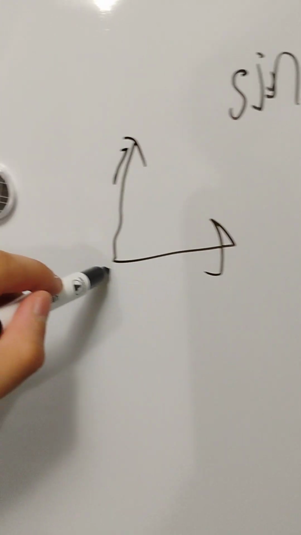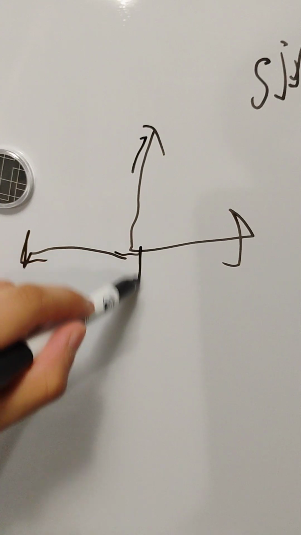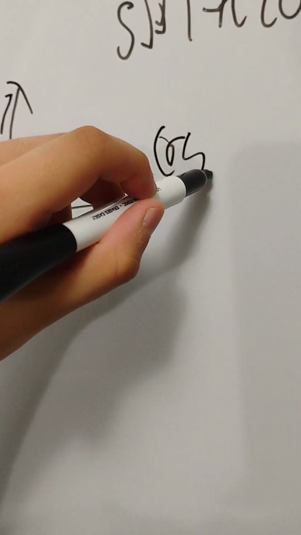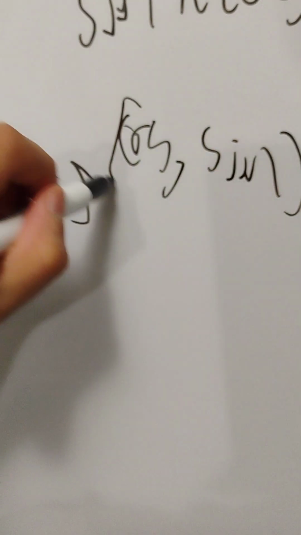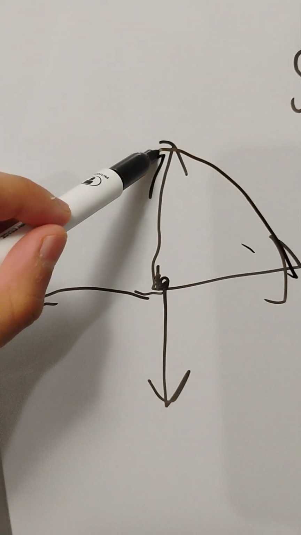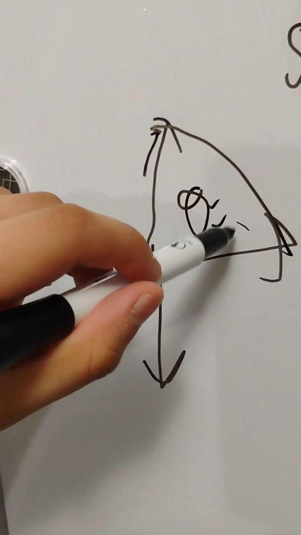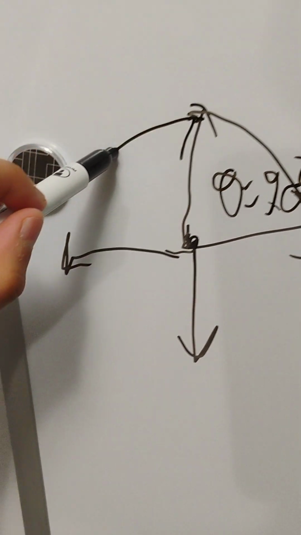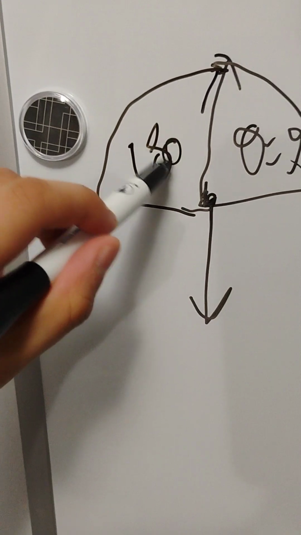So sine pi, remember sine pi. If we have a graph here with an origin at 0, 0, remember the unit circle. Just like the x coordinate is cosine and the y coordinate is sine, we have cosine theta comma sine theta right here. This here makes 90 degrees, theta equals 90 degrees. This right here makes 180 degrees.